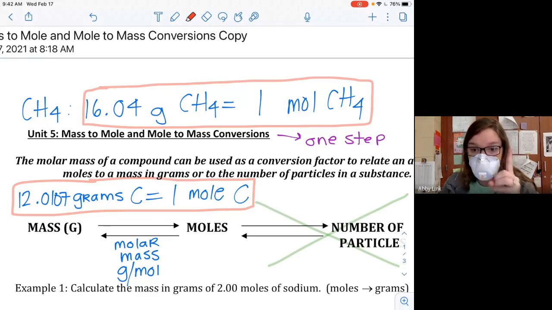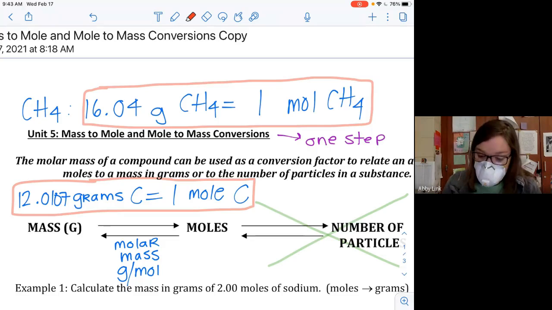And that's why we use that general substance word there, because we might be dealing with compounds, we might be dealing with elements. And the fact that our molar mass is equal to 1 mole of that substance is true for anything that you're dealing with, whether it be an element, a compound, an atom, or a molecule. Okay, let's see how this is going to roll into our actual problems today.